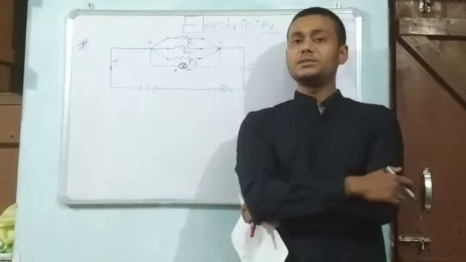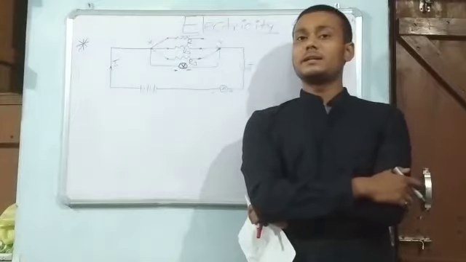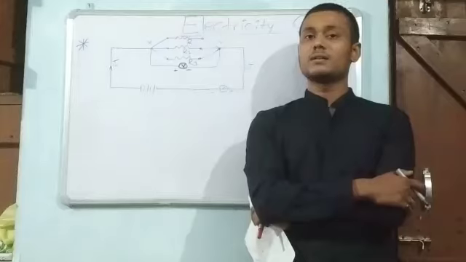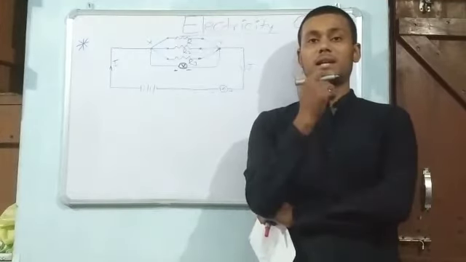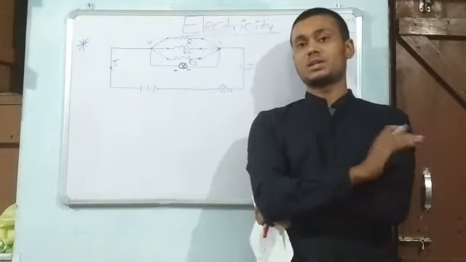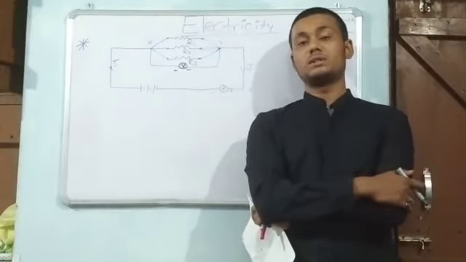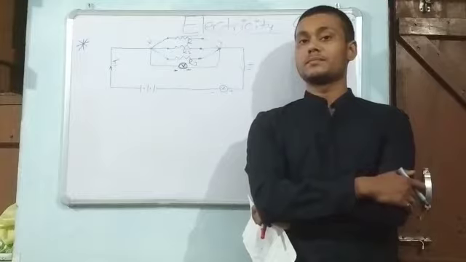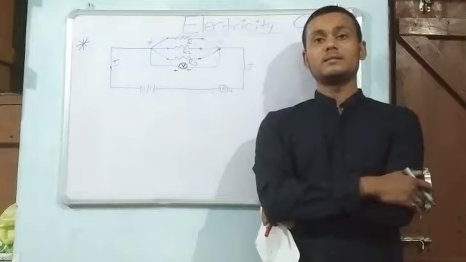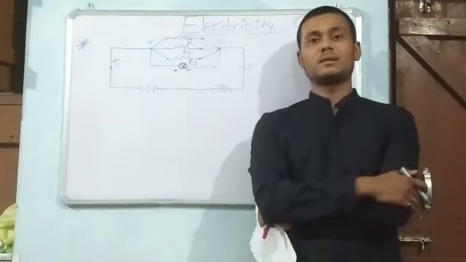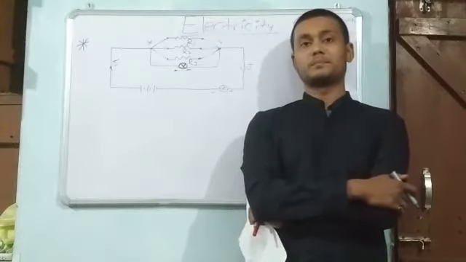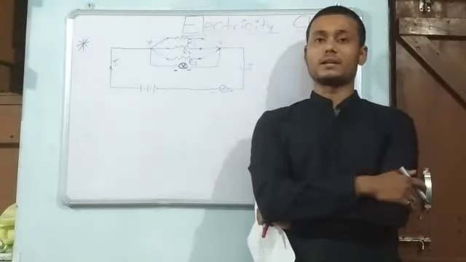Remember, in series combination the current is the same and the potential difference is different, but in parallel combination the scenario will change, just opposite to the series combination. Means in parallel combination, current is different and potential difference is the same throughout the circuit.